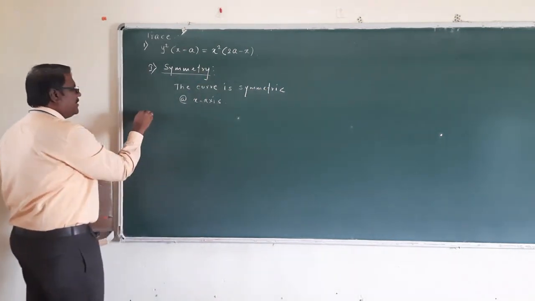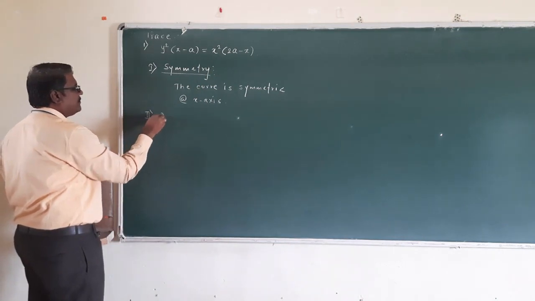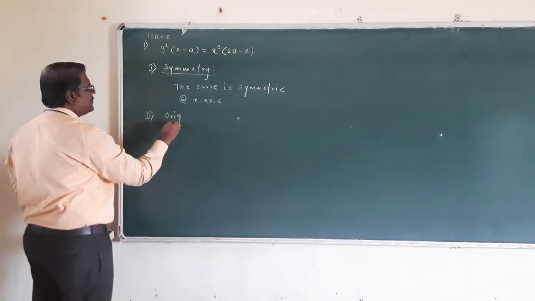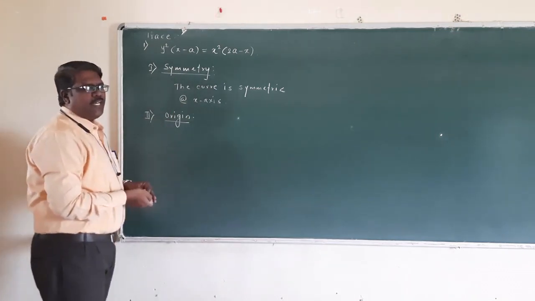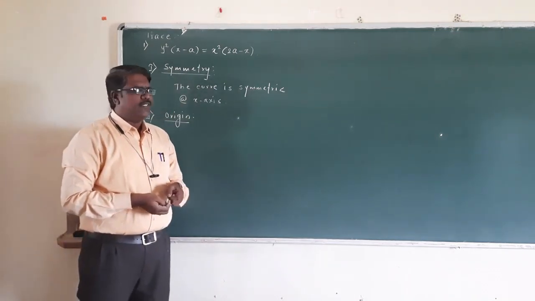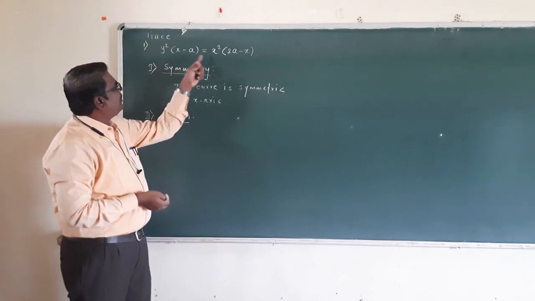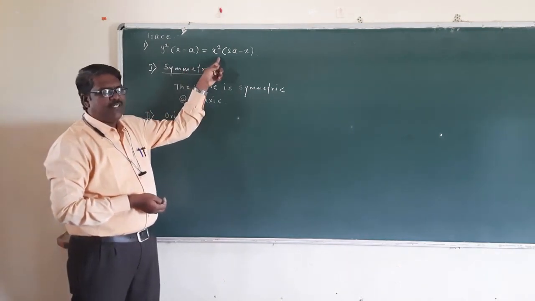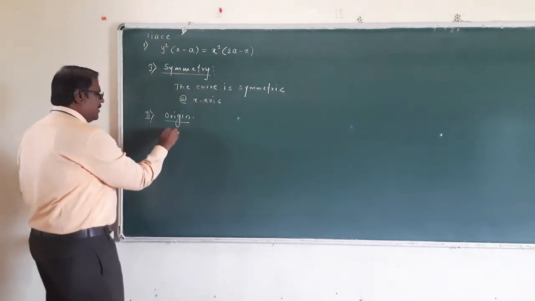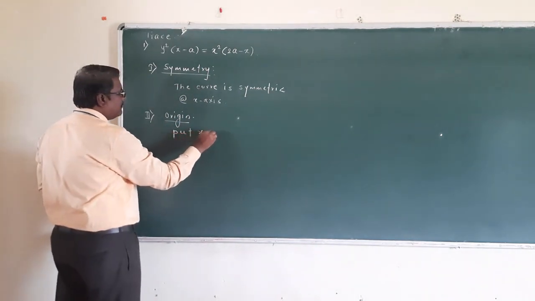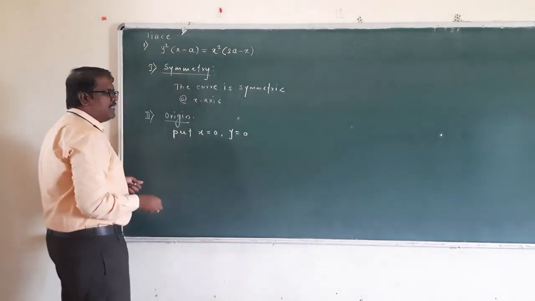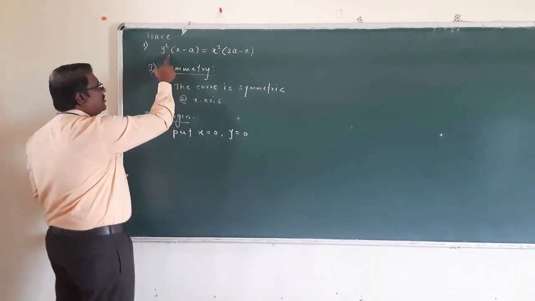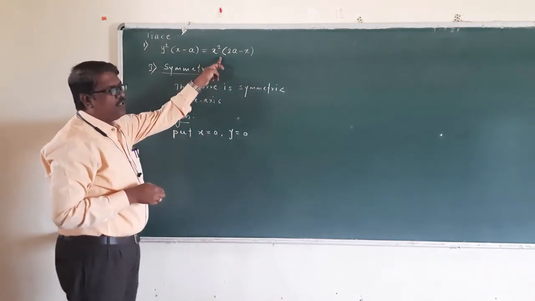Now the second point is origin. How we check whether curve passes through origin or not? Put x is equal to 0, y is equal to 0 in the given equation. So when I substitute x is equal to 0, y is equal to 0 in this equation, then LHS it is 0, RHS it is 0.